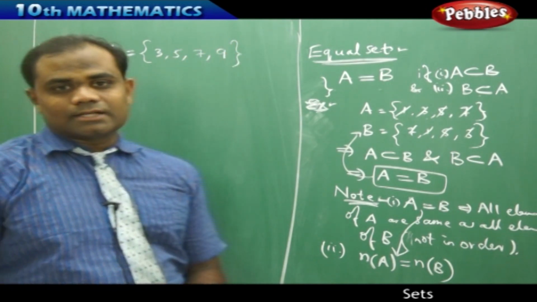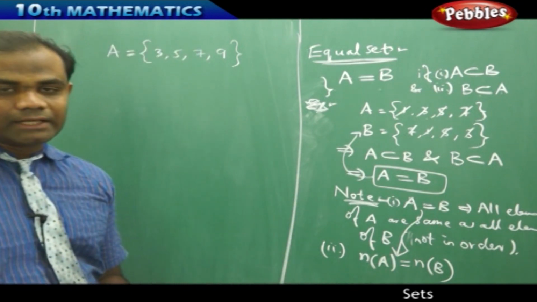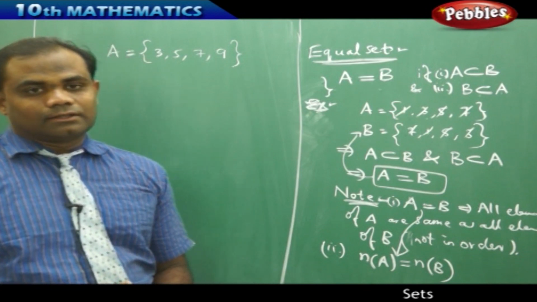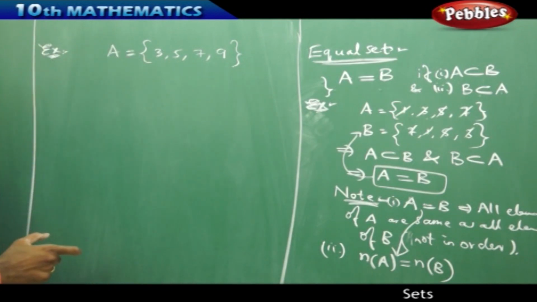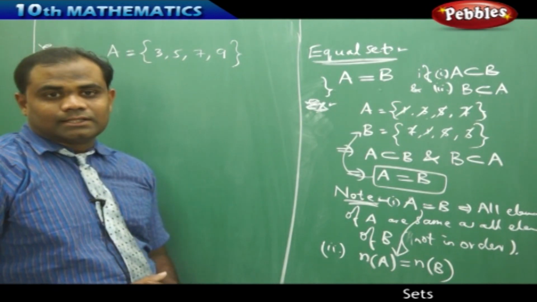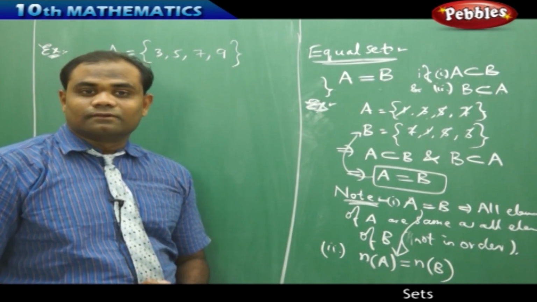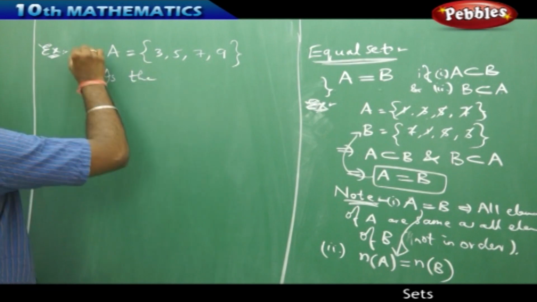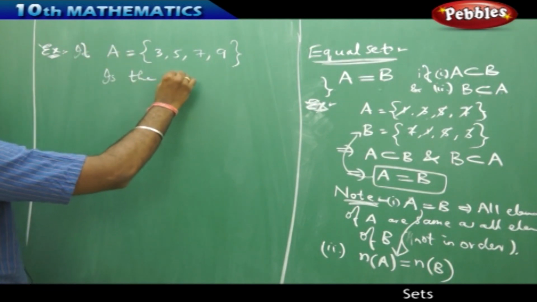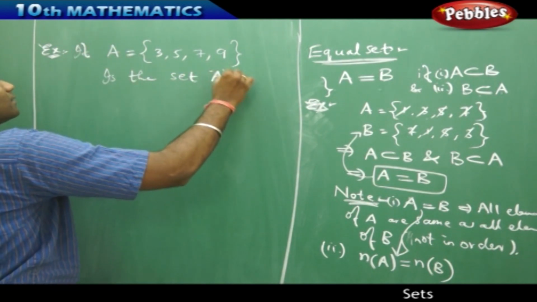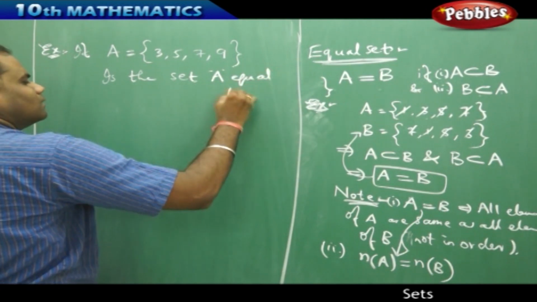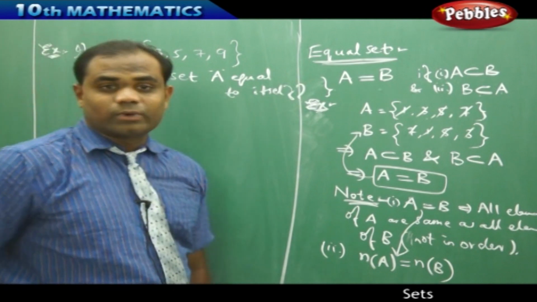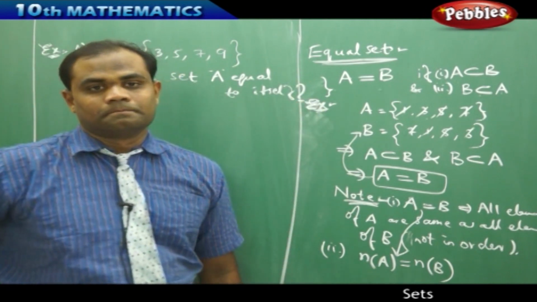Now my set A consists of 4 elements, 3, 5, 7, 9, and I don't have any other set given here. Then my question for you all is, is the set equal to itself? The question is, if A is equal to this, then is the set A equal to itself is the biggest question in this example.